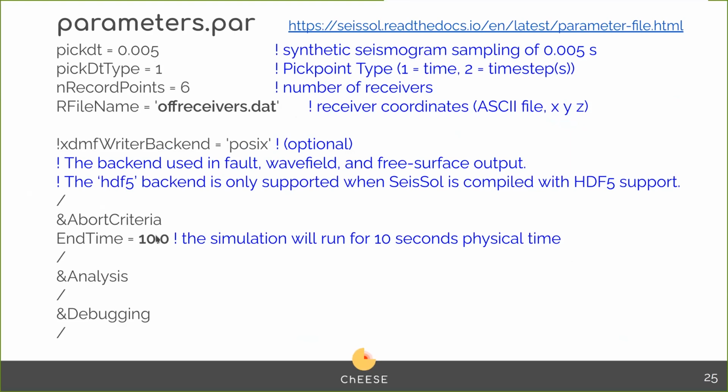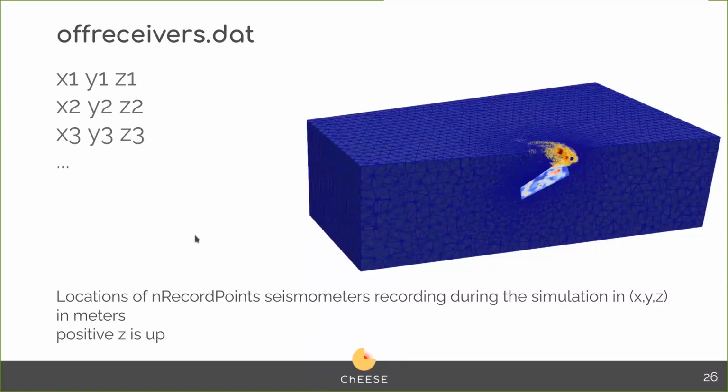So SeisSol will run for 10 seconds and then stop. The off-fault receiver file is just an ASCII file with the coordinates of each receiver in it, so nothing complicated.